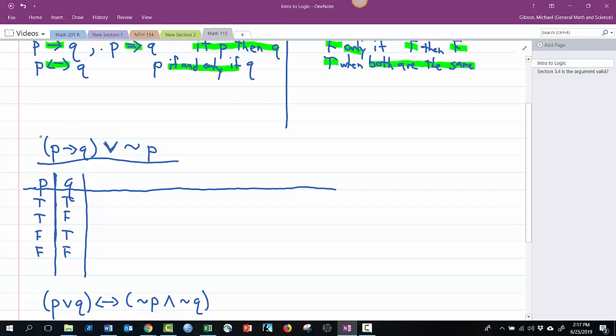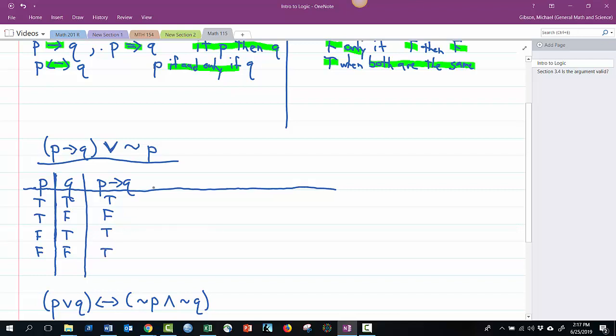So to the left of the or, our main statement here, we've got P implies Q, or if P then Q. Remember, our rule for this is only false if it's true, then false. So this is the only one that's false, which means the rest of these are true.